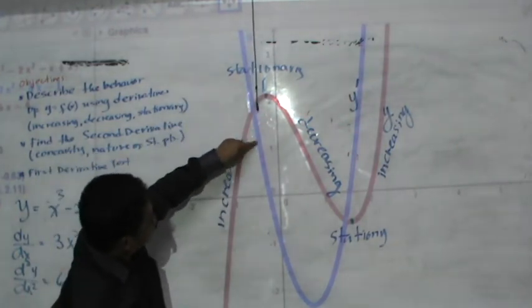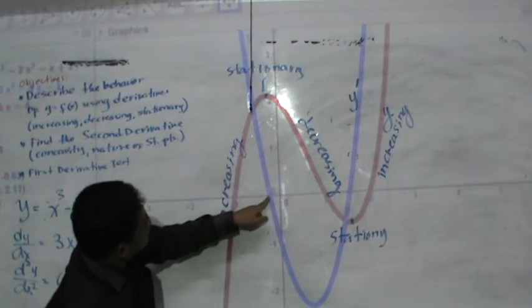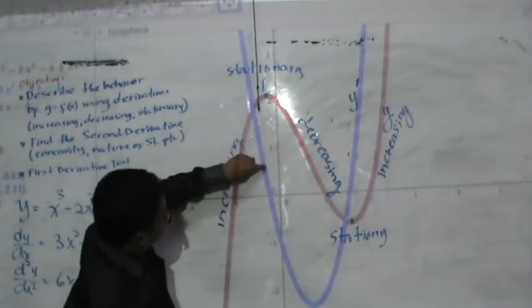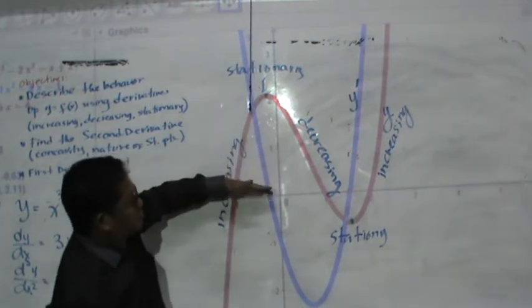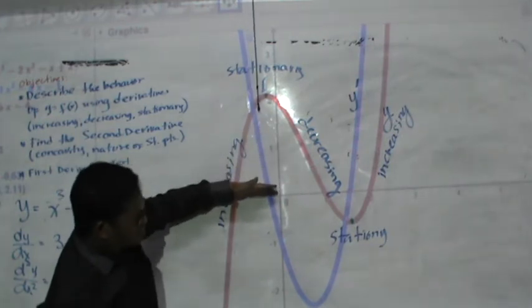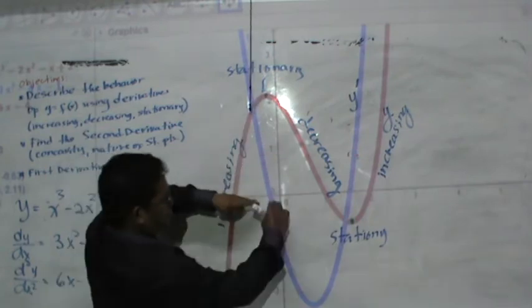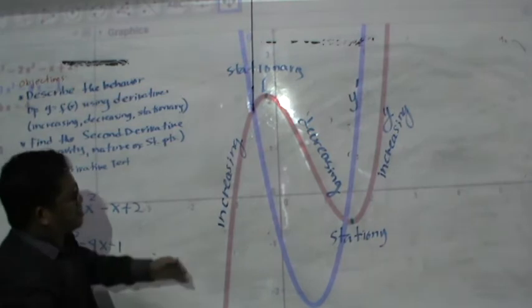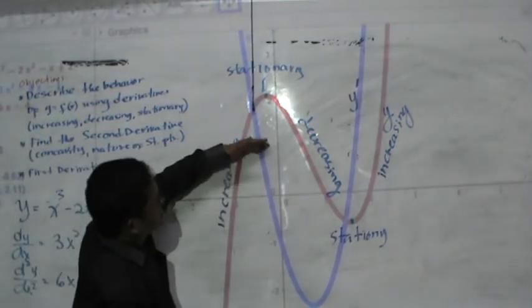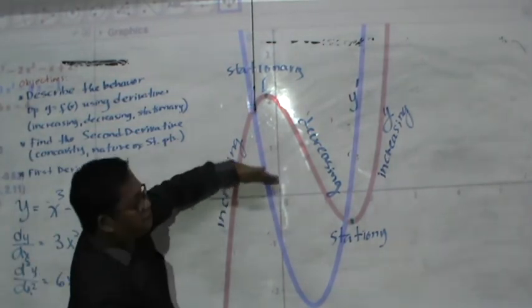As you can see, this part is above the x-axis. What it means is that here, the derivative is greater than 0 because it is above this.